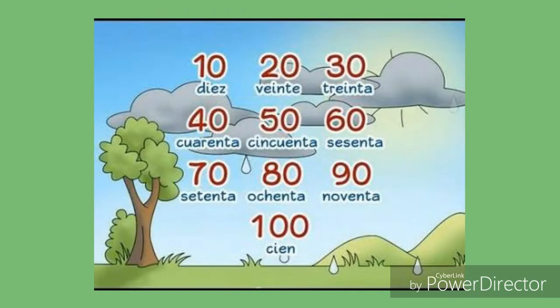20. So for 30, we say 30. For 31, we say 31. Next up is 40. For 40, we say 40. For 41, we say 41. For 50, we say 50. 60, 70, 80, 90, and 100.